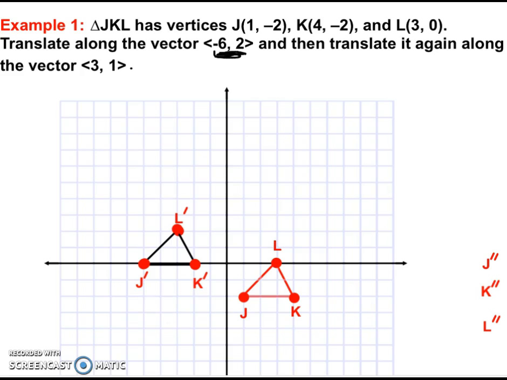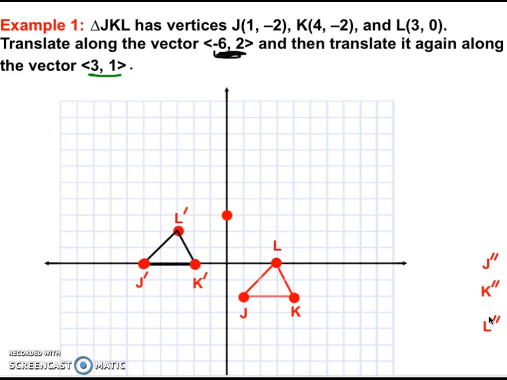Now I'm going to take the triangle J prime, K prime, L prime, and I'm going to translate that along the vector 3, 1. So I'm going to take each point and move it 3 units to the right and 1 up. So we'll go 1, 2, 3, 1 up.